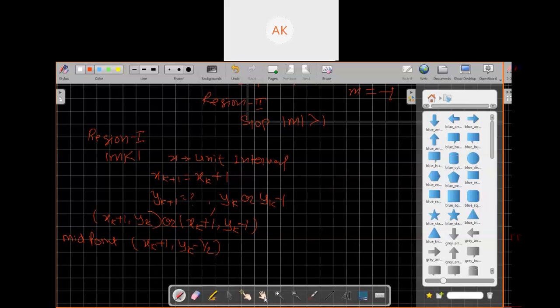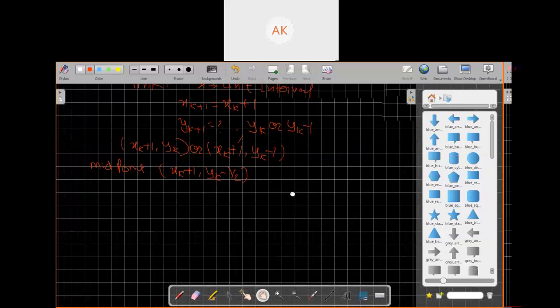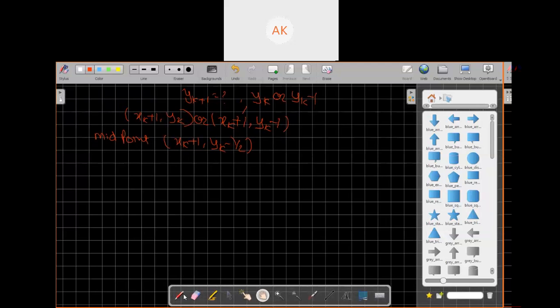Okay, so put this midpoint into the ellipse equation. What is the equation of ellipse? Anybody know the equation of ellipse? Please unmute and speak.